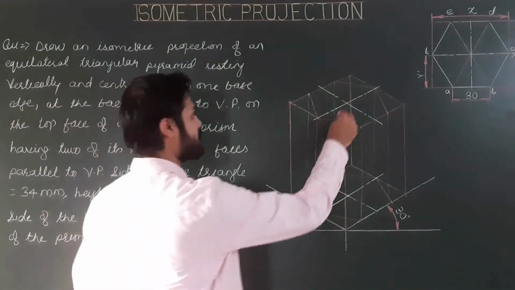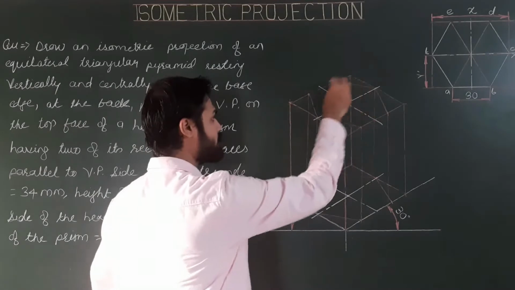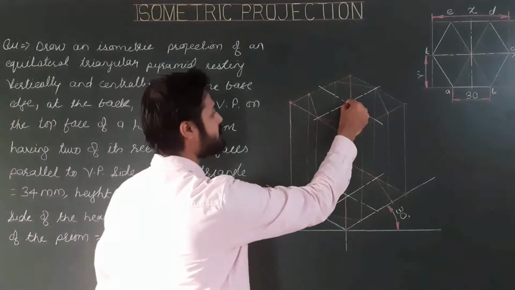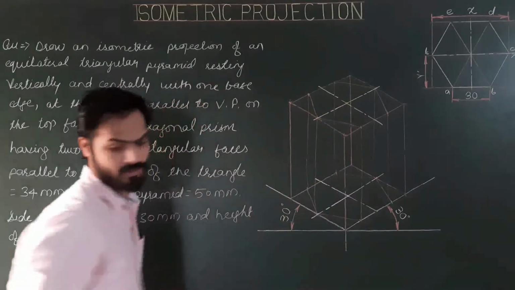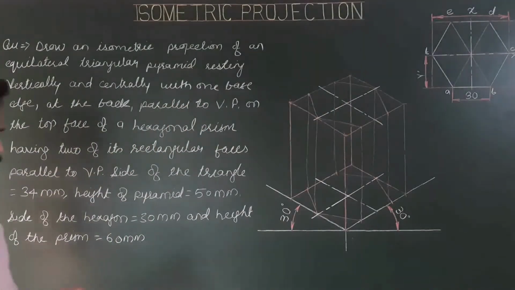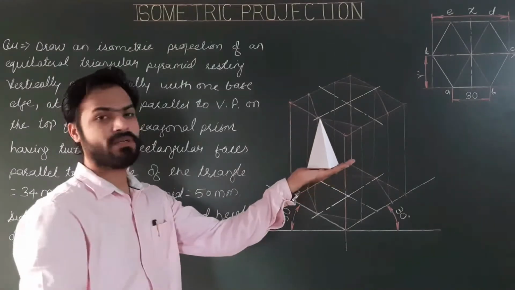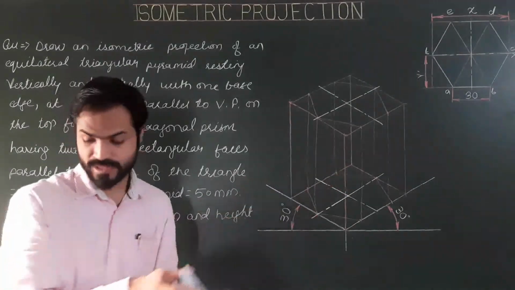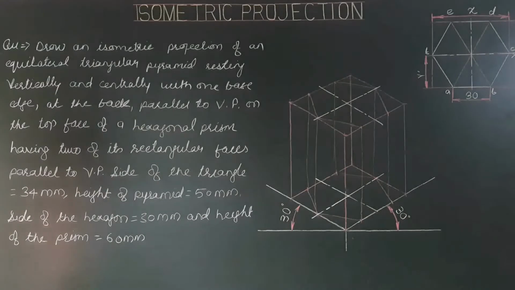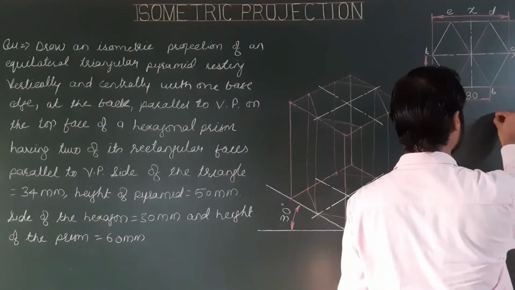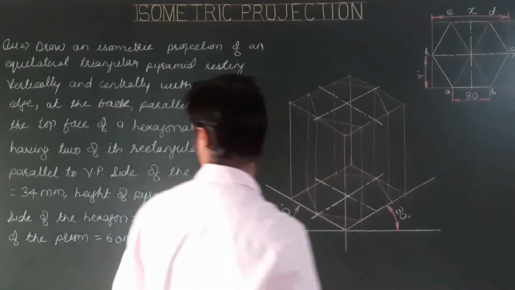Now we have the center of the top hexagonal plane and bottom hexagonal plane. From this center, we are required to draw projections of second solid, a triangular pyramid. Again, for triangular base, we have to draw helping figure. So drawing a regular triangle of size.